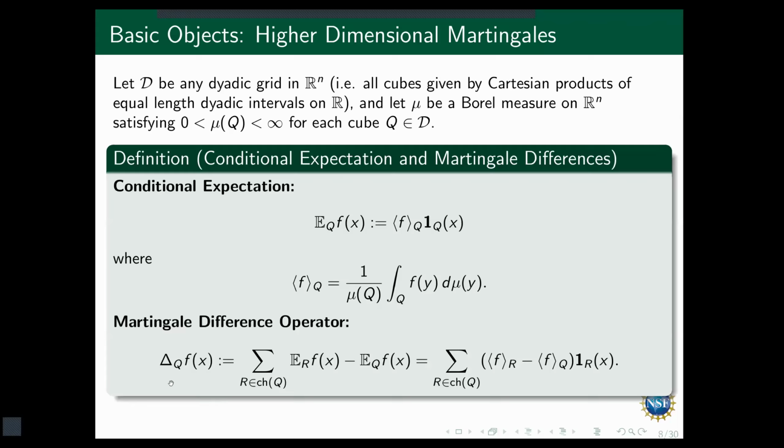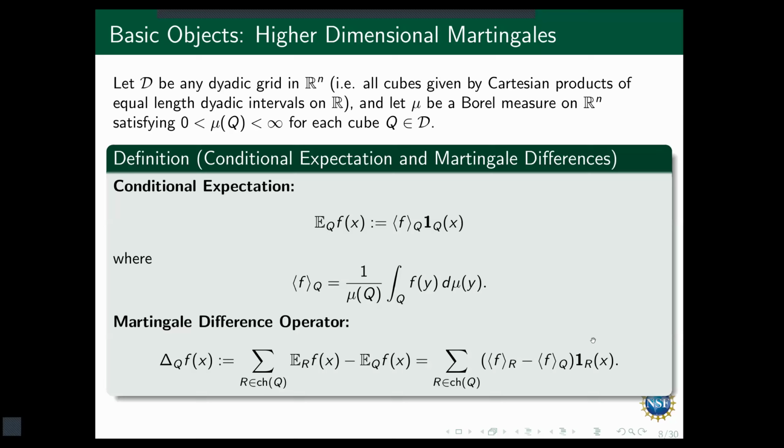We can also look at the martingale difference operator, Delta_Q applied to f, which is obtained by summing over the dyadic children of Q, which we label R, the expectation on R of f minus the expectation on Q of f, and it can be rewritten in a second way as well.